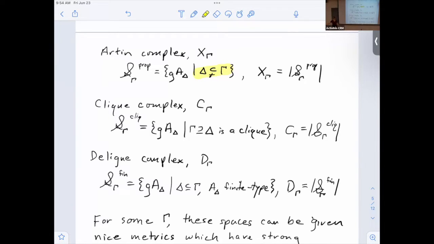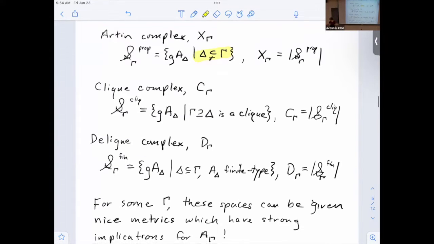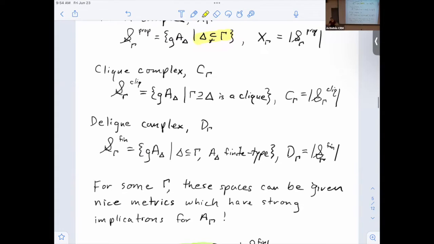All right, so we have these three subcomplexes, and what I'd like to tell you about now is what we've been doing with them, some of the things we've been working on.